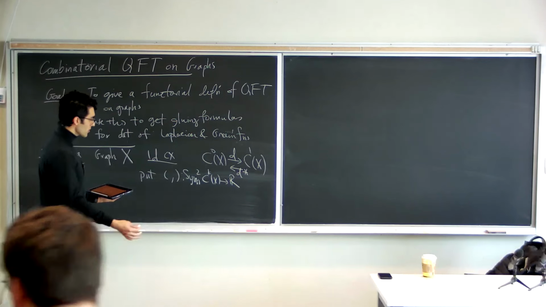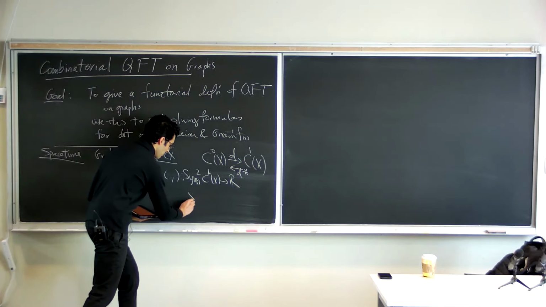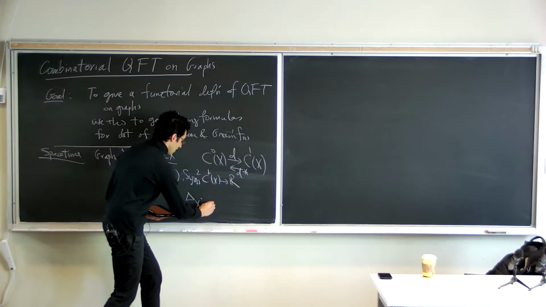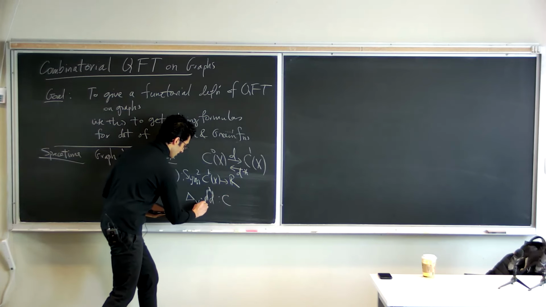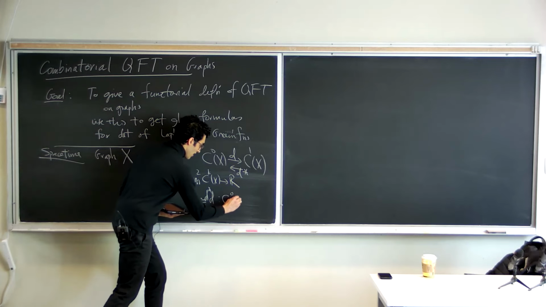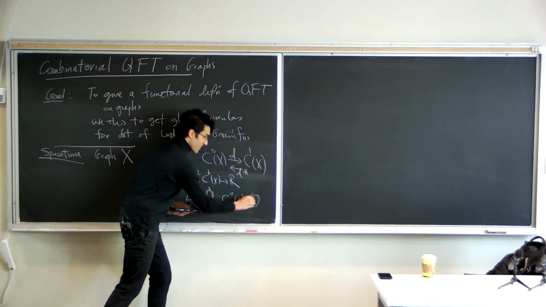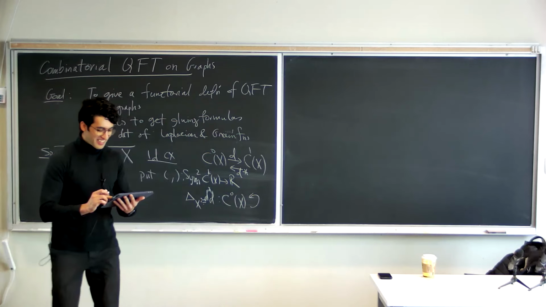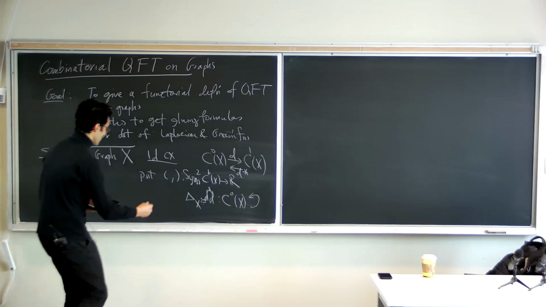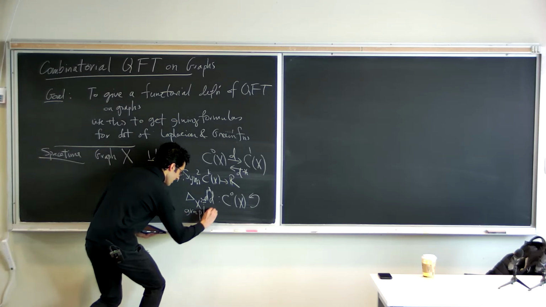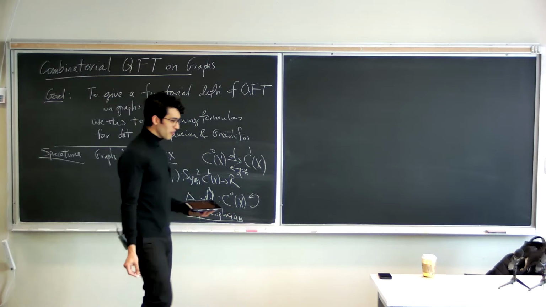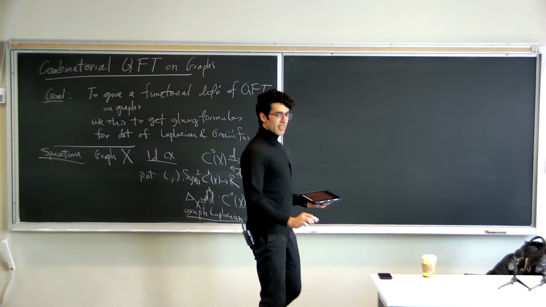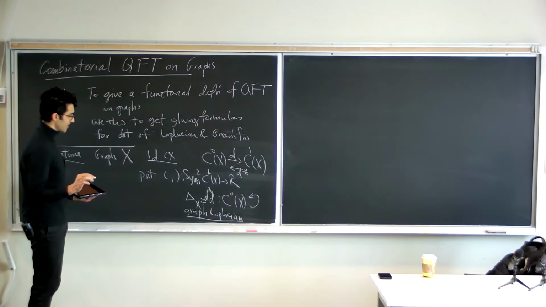Okay, and by composing these two maps, I get an operator, which is denoted by Delta, suggestively. It's defined to be d*d, which goes from C^0 to itself. So this is called the graph Laplacian. Oh, sorry, I forgot to tell you what exactly this metric is.